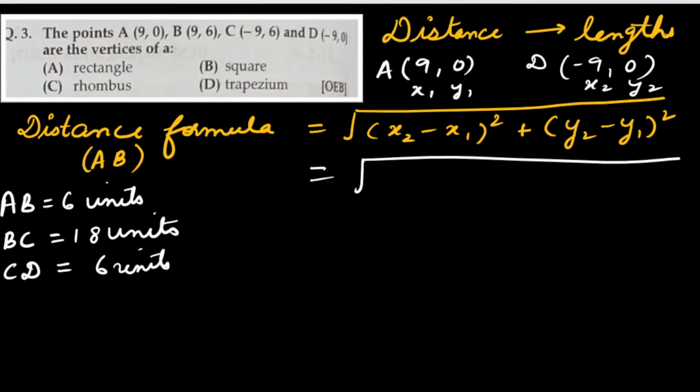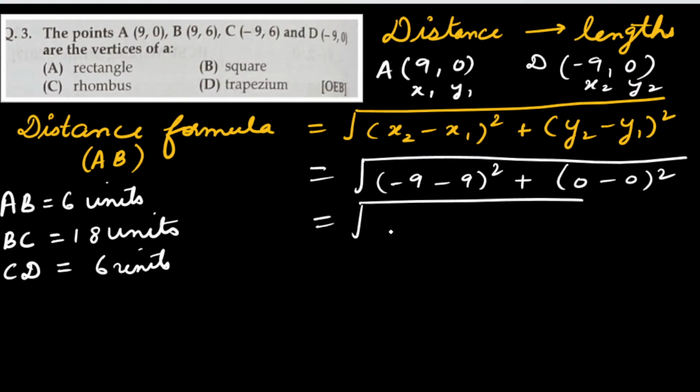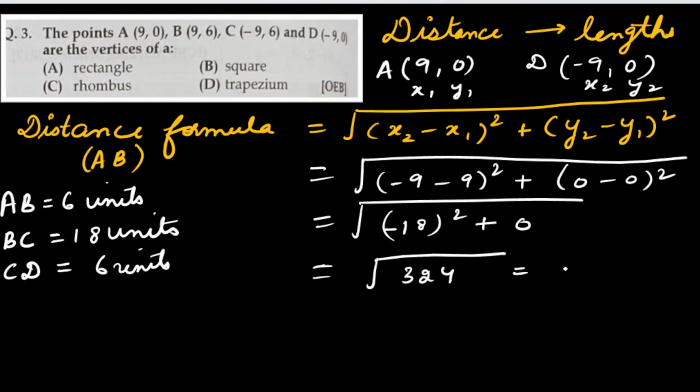Let's substitute the values. x2 is -9, minus 9, whole square, plus y2 0 minus y1 which is also 0, whole square. So -9 minus 9 is -18, whole square, plus 0. The square of a negative is always positive. So the square root of 324 is 18 units. So we can see here AD is also equal to 18 units.